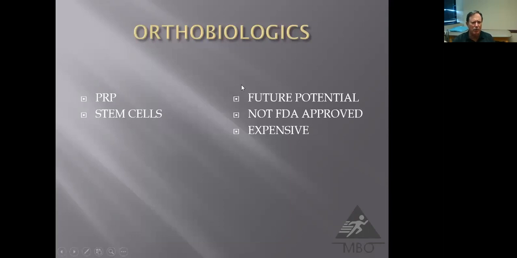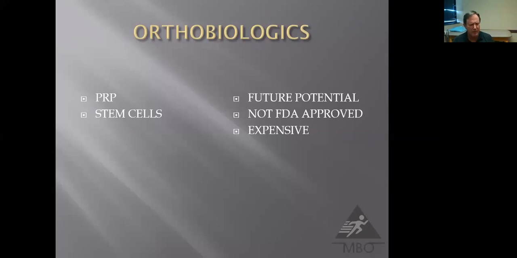Then there's what are called orthobiologics: PRP, which is platelet-rich plasma, and stem cells. These are very new. They are marketed very heavily by certain practices. The role of these types of treatments in general in orthopedics is, to put it charitably, unclear.